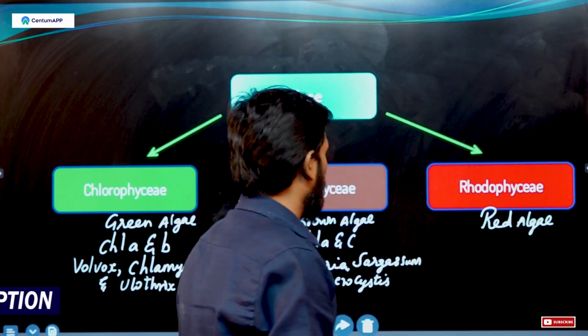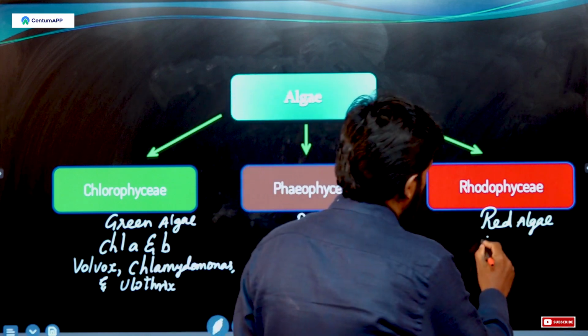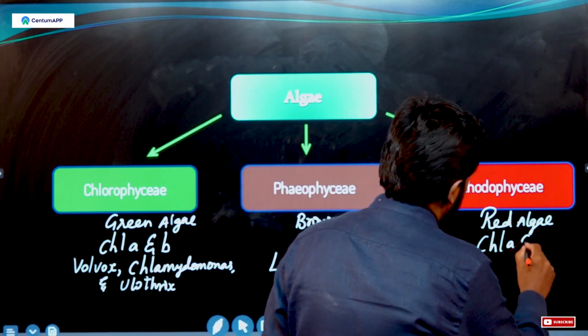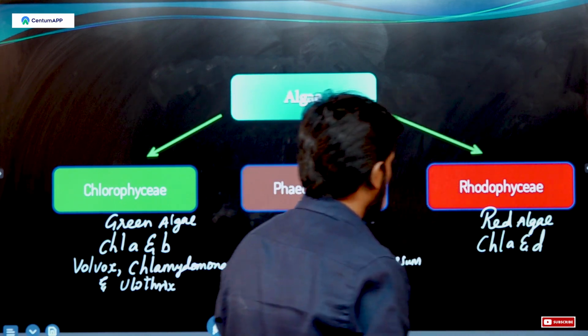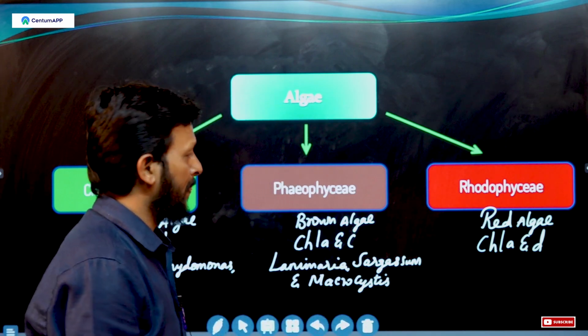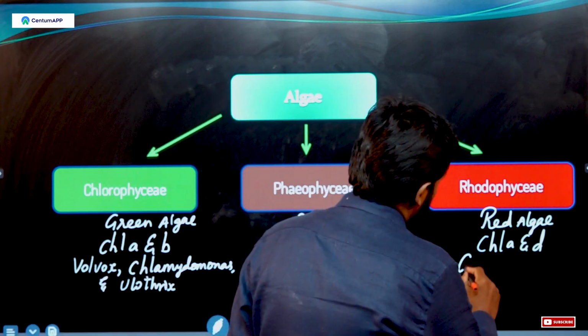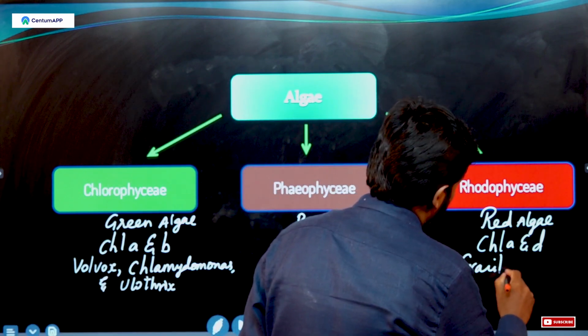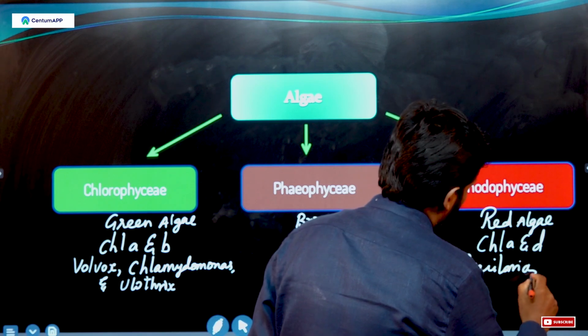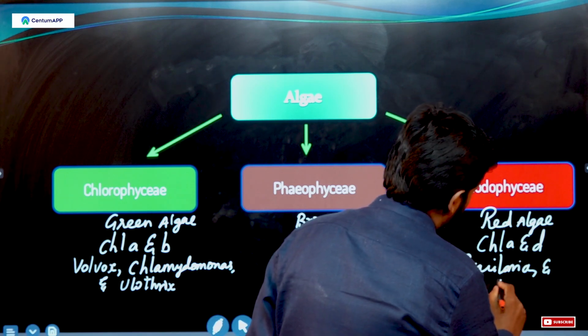What is their chlorophyll content? Chlorophyll A and chlorophyll D. Some examples of rhodophyceae are Gracilaria and Gelidium.